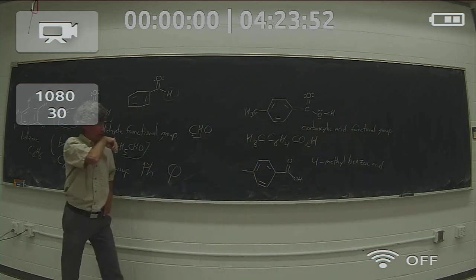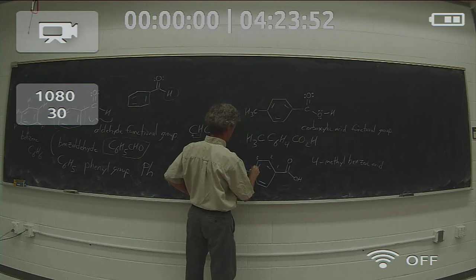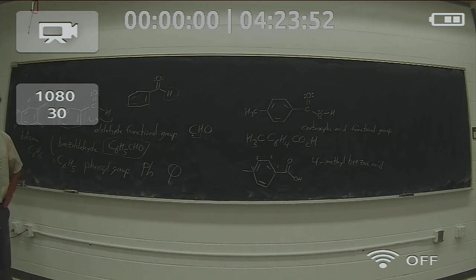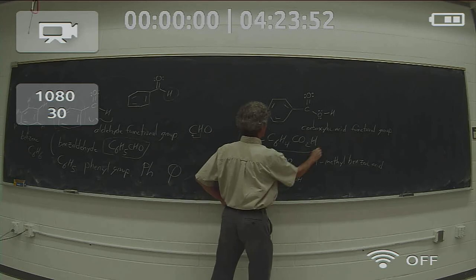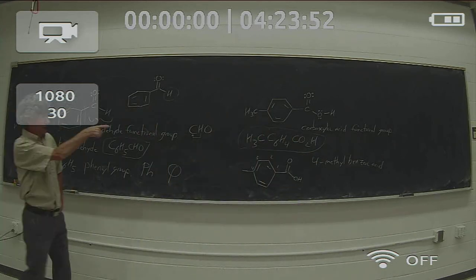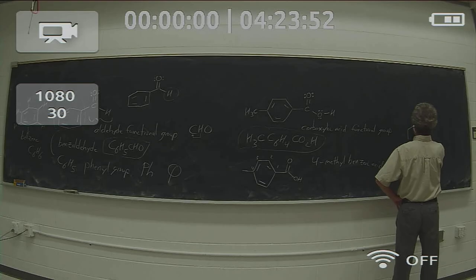And I have to say 4-methyl benzoic acid to indicate that the CH3 group is attached opposite the COOH group in the 4 position. This isn't actually enough to tell me that it's 4-methyl benzoic acid. That condensed form could equally well have been 3-methyl benzoic acid or 2-methyl benzoic acid.